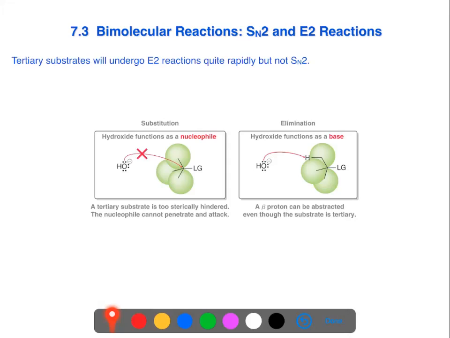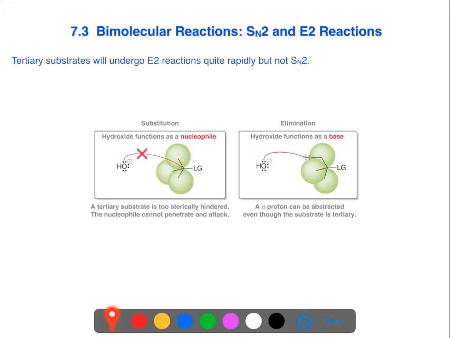almost non-existent. And that's due to the fact that this alpha carbon was too sterically hindered by the 3 substituents around it. Whereas for the E2 elimination reaction, it's not important for the base to actually interact with the alpha carbon. It doesn't do so. It's only interacting with a hydrogen that's bound to a beta carbon. And so as a result, there is less steric hindrance associated with that proton transfer reaction.